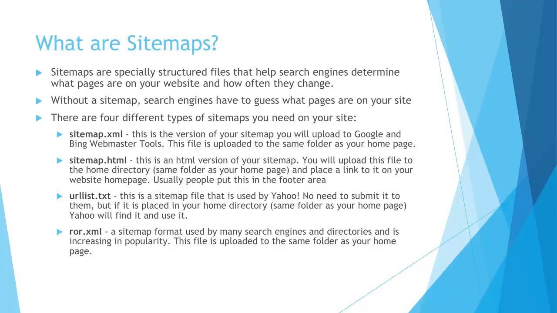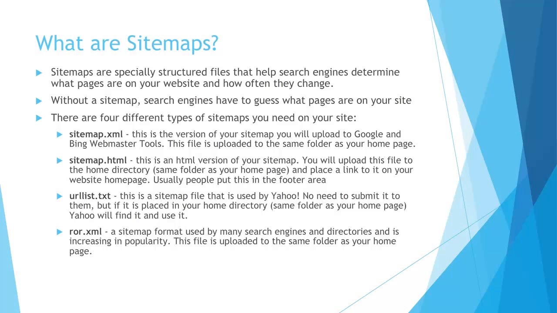And then finally, you're going to have a sitemap file called ROR.xml. And this is another XML formatted sitemap file that you're going to use. That's used again by a lot of different search engines. It's not used by Google and Bing, but many other search engines will specifically look for an ROR.xml file on your website.